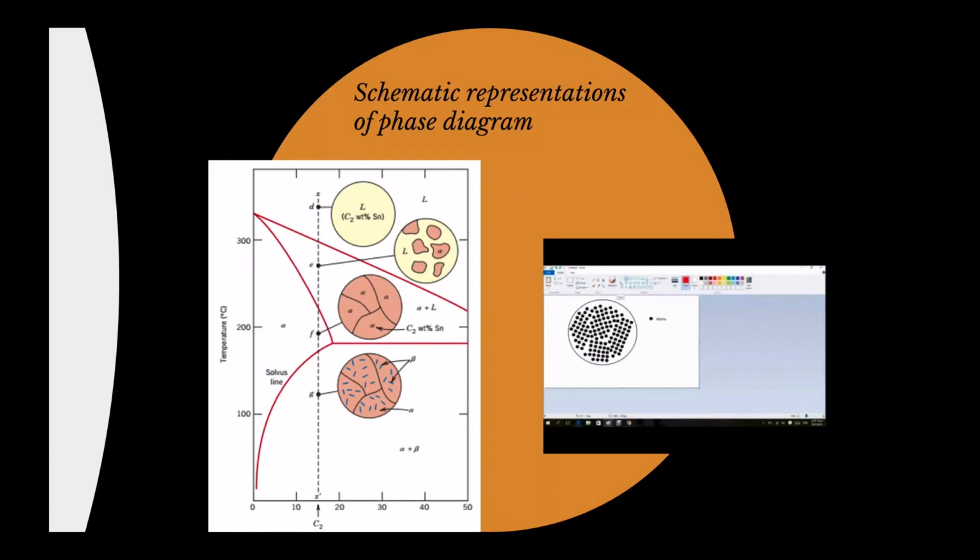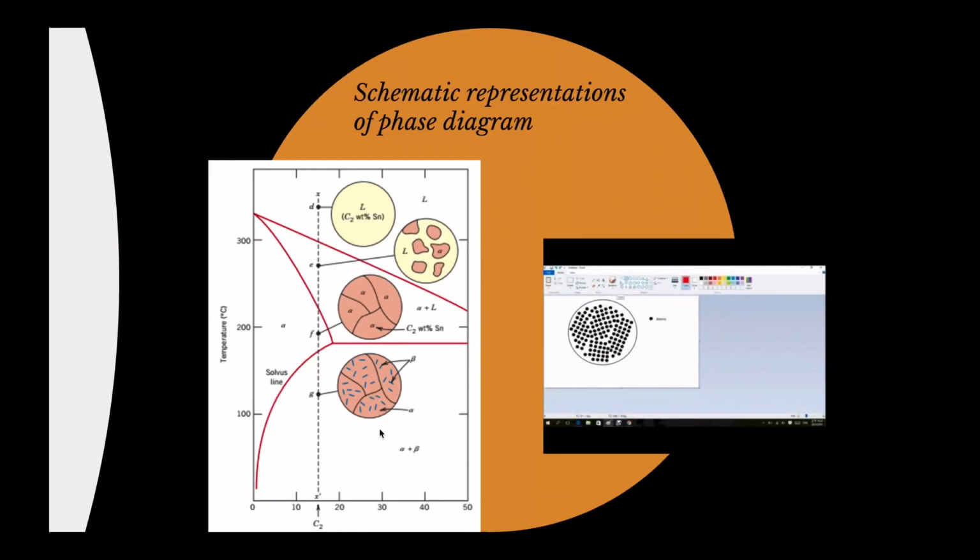And then we start cooling down one more time until G here, and then we have this small needle here. We call this the beta phase. So this is alpha plus beta.